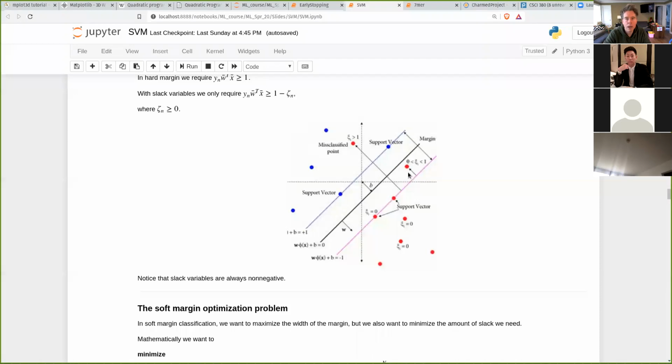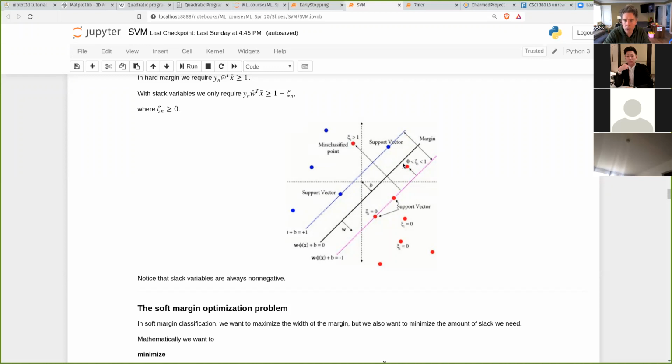What the slack variable records is how much it's violating the margins. If it's on the right side of the margin, the slack variable has a value of 0, so that's no penalty. It penalizes points for being inside the margin, in proportion to how far they are on the wrong side of the margin.